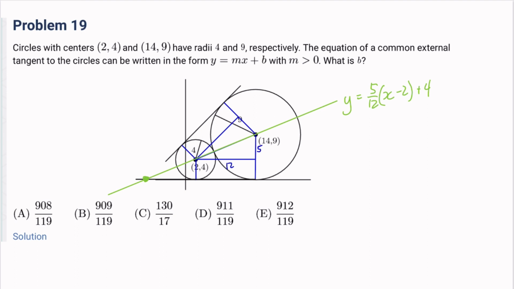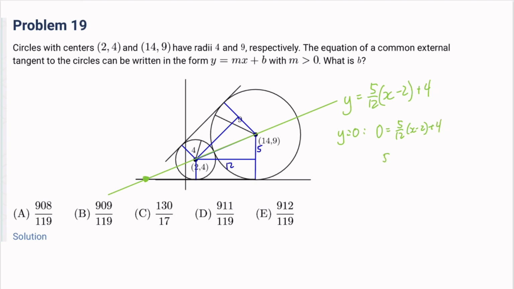The point where it intersects with the x-axis, right? Because this line is also going to intersect this point, so we can use that to figure out the actual line later. So if we do that, then this is going to be when y is equal to 0, so 0 equals 5 over 12 times (x minus 2) plus 4.